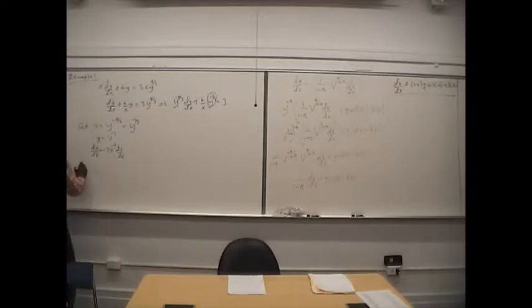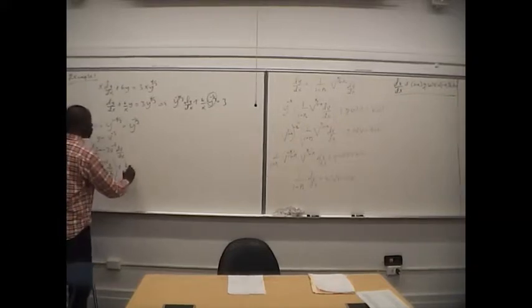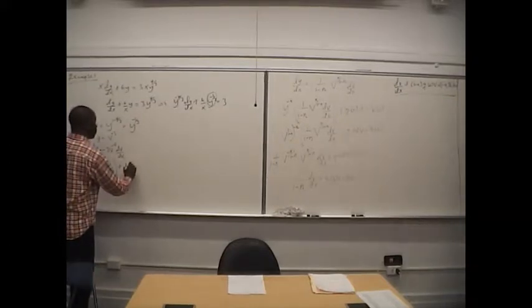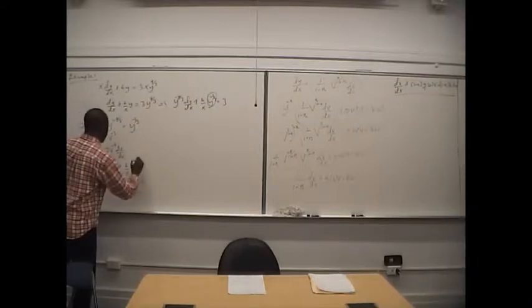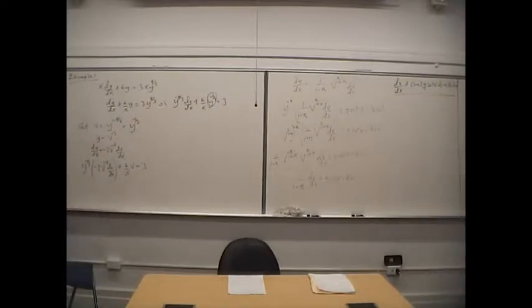Alright, so we replace my dy/dx by this expression. And so we have y^(-4/3) times (-3v^(-4) dv/dx) + (6/x) v = 3. Now, of course, y^(-4/3) is v to the fourth power.